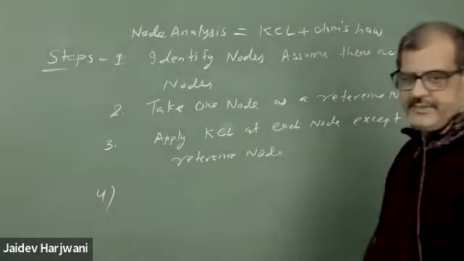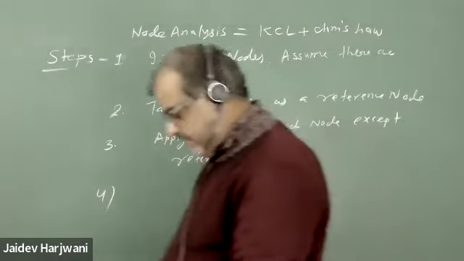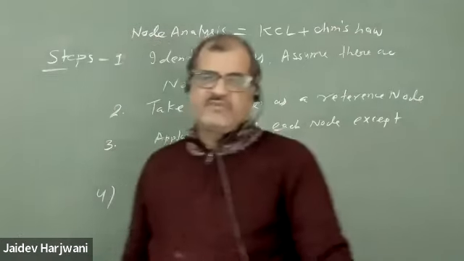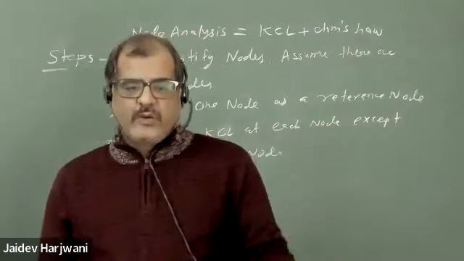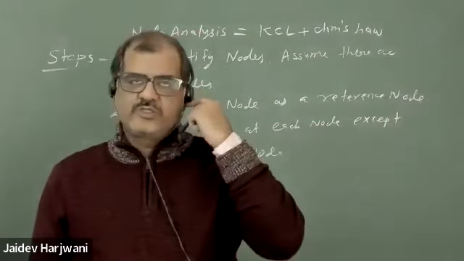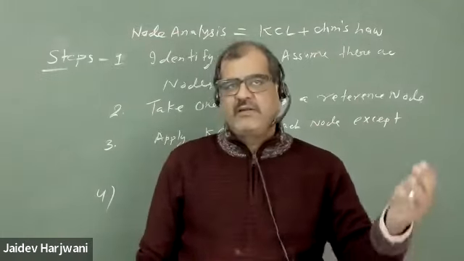When you write KCL at each node, you will get n-1 equations. That means for some nodes you will know the voltage at that node, and for some the voltages will be unknown.